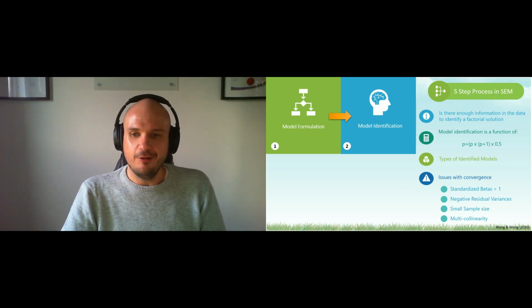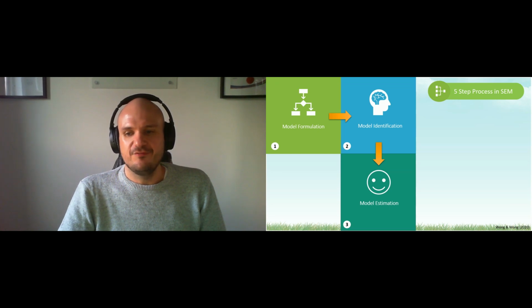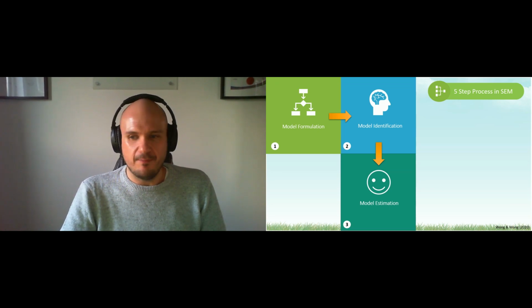Okay, now we have that in place. Now we get to the fun stuff. So model estimation, this step basically involves the estimation of all of the parameters in your model, and we generate what we call fitting functions, right? So we generate fit statistics. Now there are various estimation methods that you can use in SEM, and I'm not going to bore you with them.